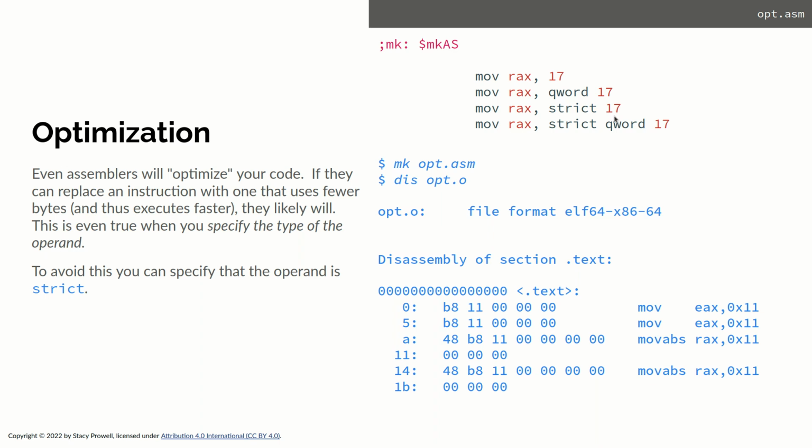Why would you ever need to do that? If doing this is better and it zero extends, why would you want the 8 bytes? Well, you might want the 8 bytes because of alignment. It might turn out that that conveniently gives you the alignment you want, and that could be a good thing. You might want the 8 bytes because you want a place to write some stuff later on. For example, I might do this and define what's known as a relocation, and we'll talk about that when we talk about ELF files.